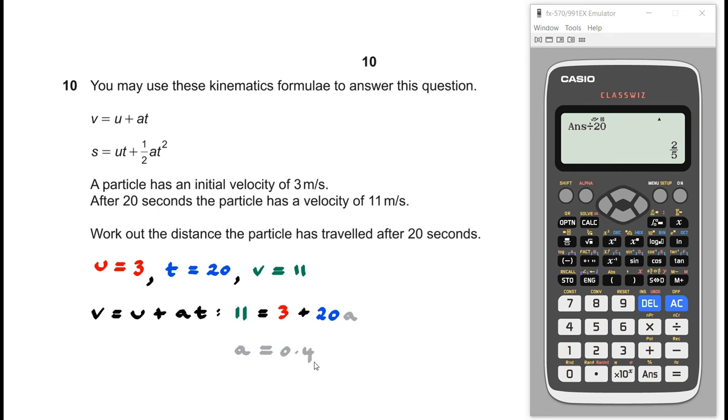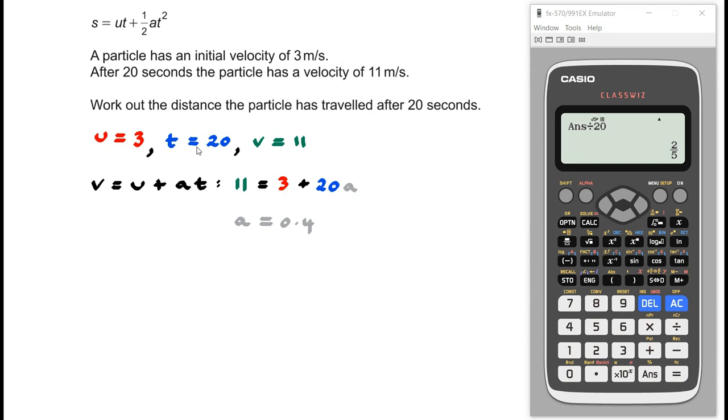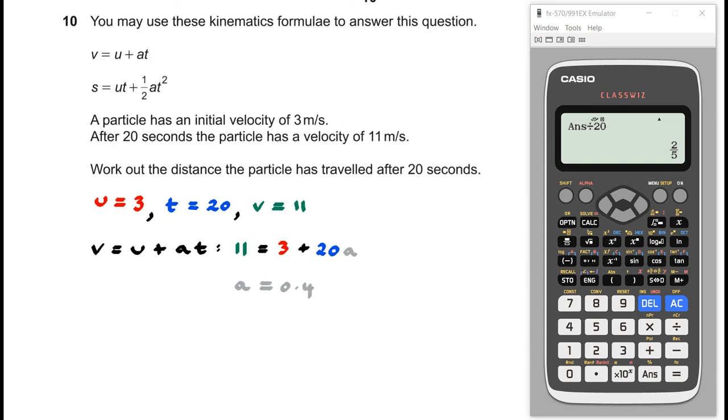So we've got a is 0.4, u is 3, t is 20. We can use this to find out what s is.